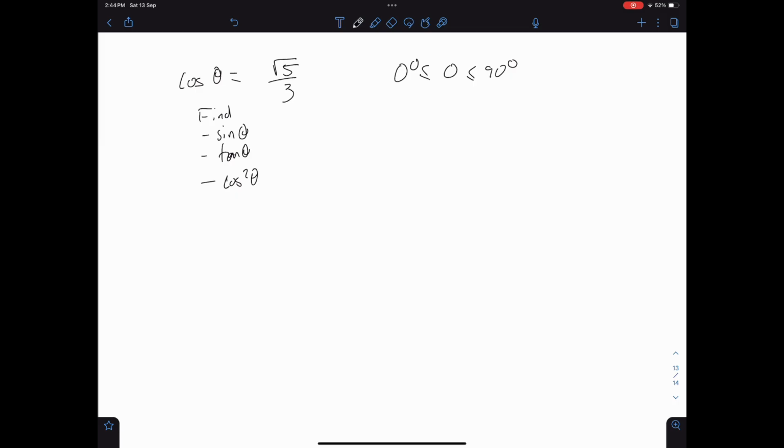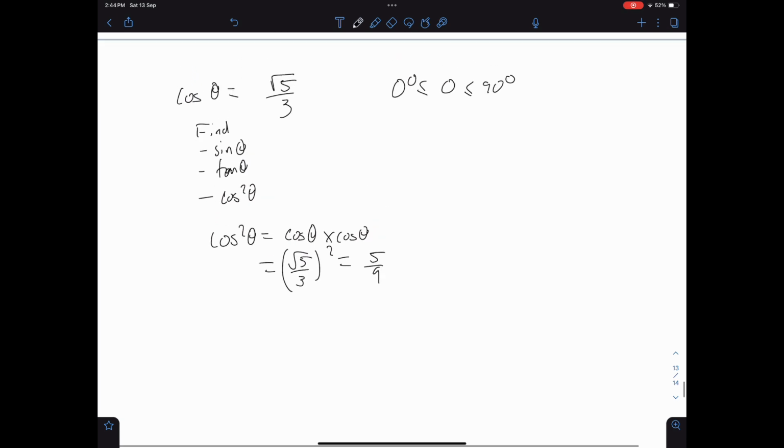Cosine squared of theta is equal to cosine theta times cosine theta. And that would just be 25. No, it wouldn't. That would just be 5 over 9.